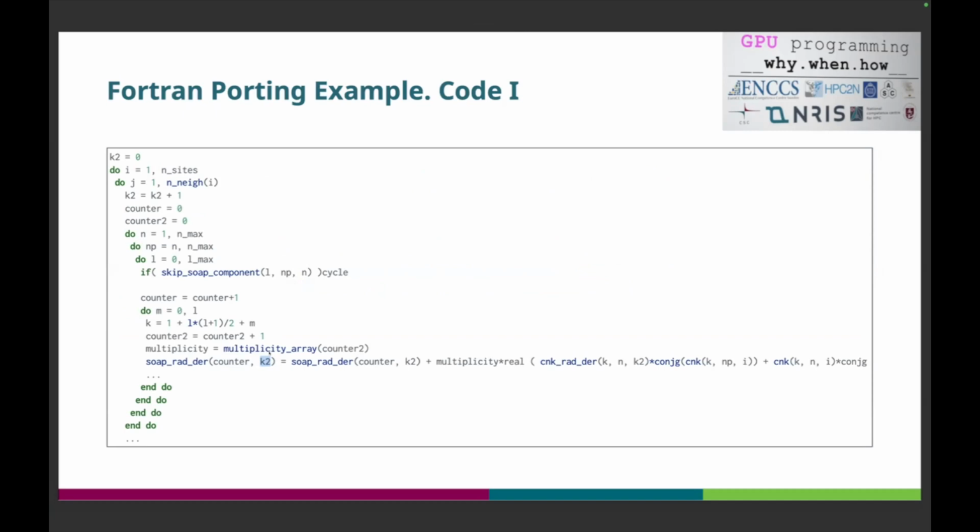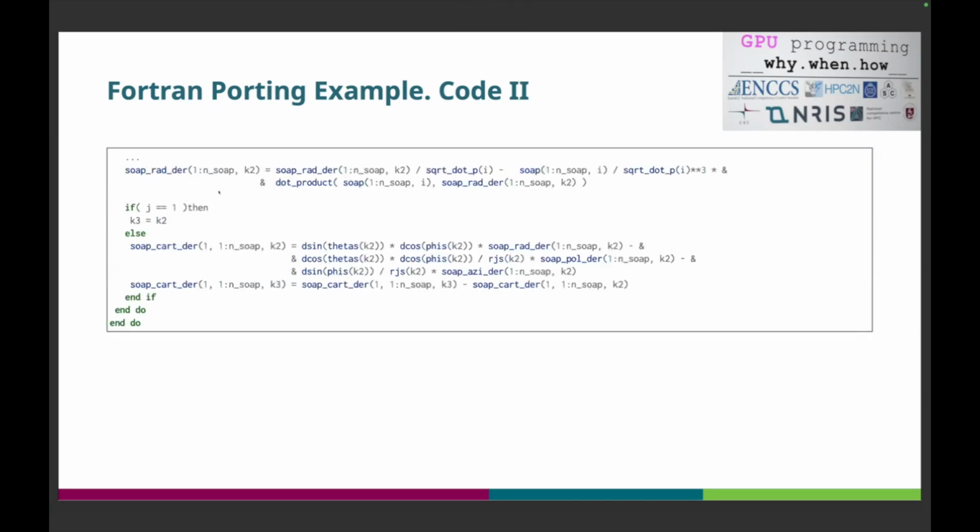Well, it can be more. This is the number of pairs. But this fast-moving index, which here is the counter, goes from 1 to n, and we know that this is 100.